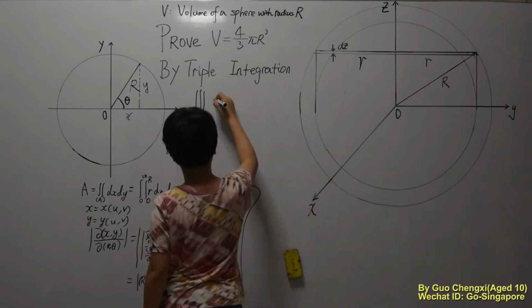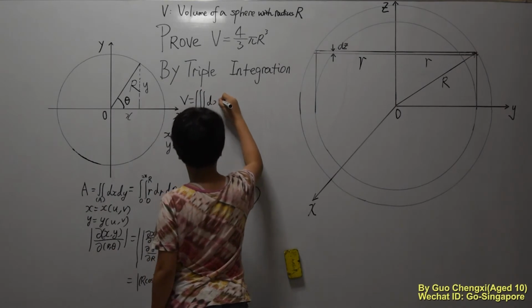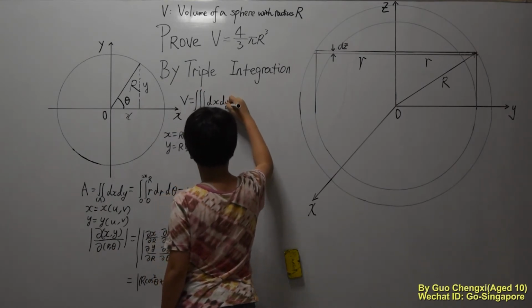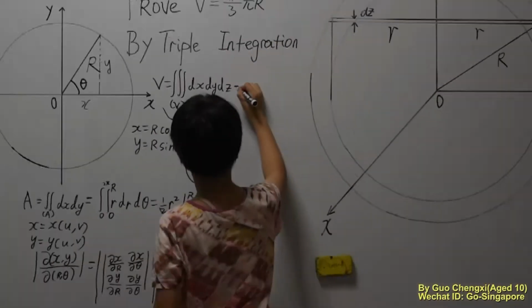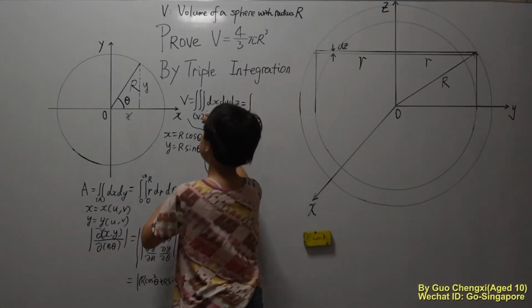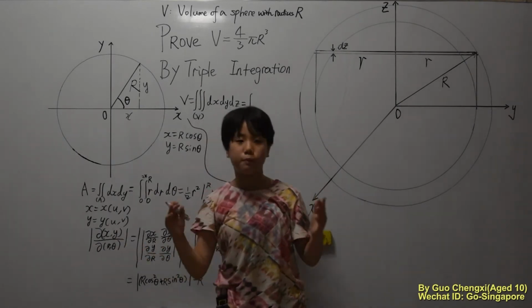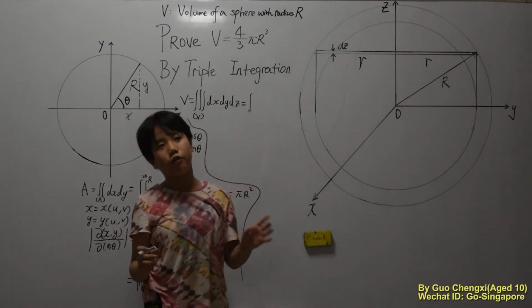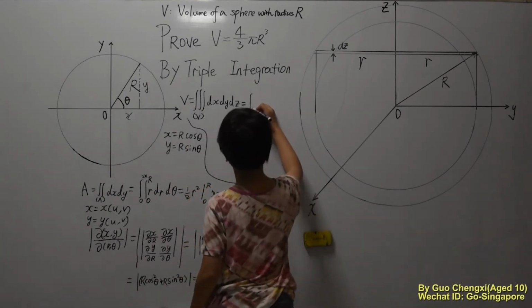Now over here for this part, the volume is equal to the triple integral of dx dy dz. So over here is the triple integration, right? So why not we change this triple integration to an iterated integration, since we have already found out this part.